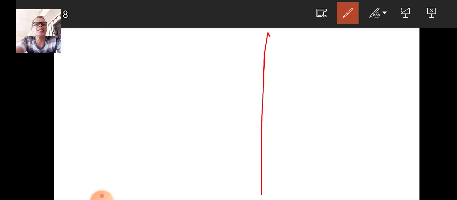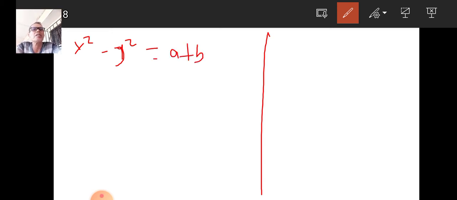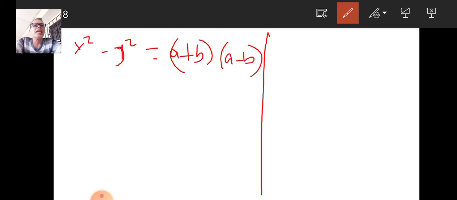It has the general formula: x squared minus y squared is equal to a plus b times a minus b. So remember, x squared minus y squared is the difference of two squares, and the factors must be the sum and difference of two numbers.